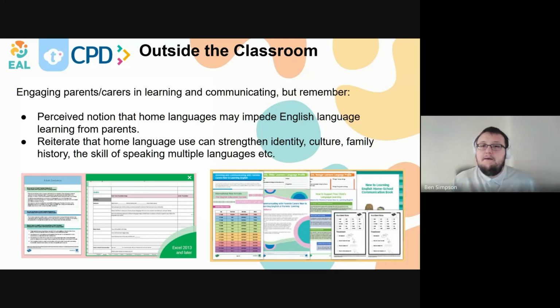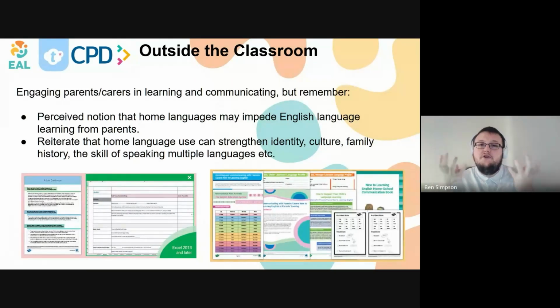But we just need to remember that there might be pushback from parents or carers. They might have the idea that English should be spoken at home based on the idea that a home language might deter English language learning. We should therefore reiterate to parents, carers, and other people in our language or learning community that there are benefits to multilingualism or home languages.